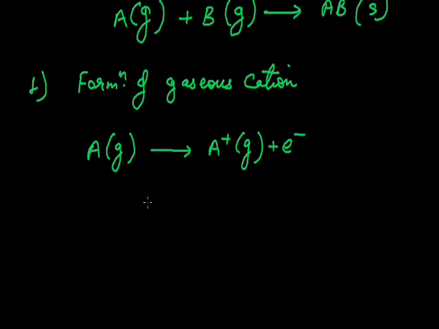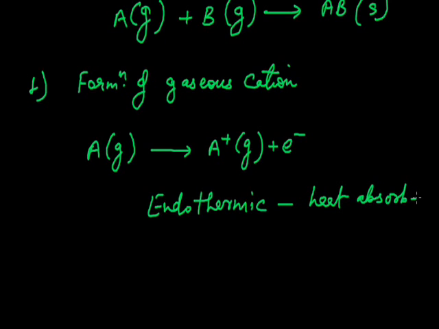This process is endothermic in nature. That means heat is absorbed during the process, and this absorbed heat can be denoted with the help of positive sign. Suppose the heat absorbed is x kilojoule per mole.